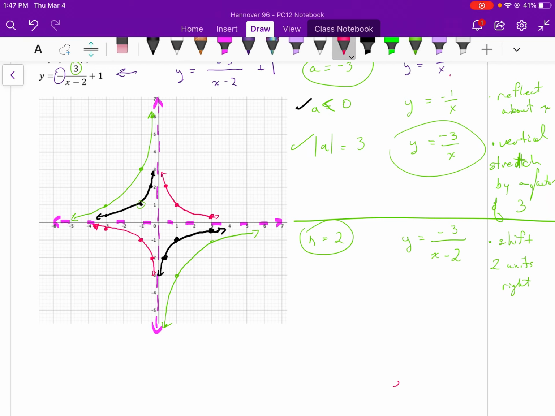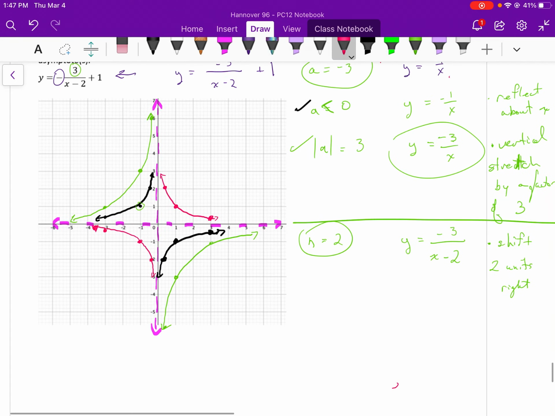This is getting to be a big ugly mess. But everything is shifted 2 units over to the right. That includes my asymptotes. 2 units, not 3. Getting distracted in math. So everything's shifted 2 units over to the right.